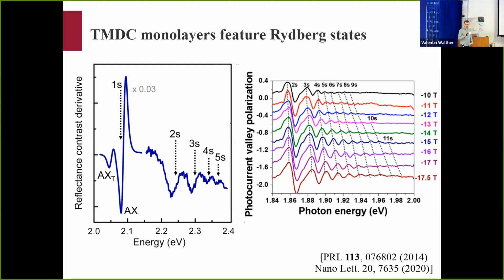But I should say this has to be taken with a grain of salt, since this is a photocurrent measurement, which is a bit indirect. What I want you to take away from the slide is that there's hope to see these Rydberg states, and there's really nothing in principle standing in the way. In this case, these would be, in the simple picture, two-dimensional hydrogen atoms living in a plane, as we discussed a while ago.